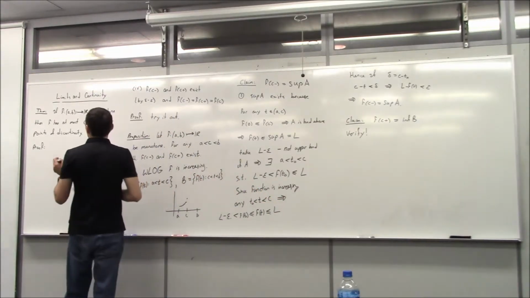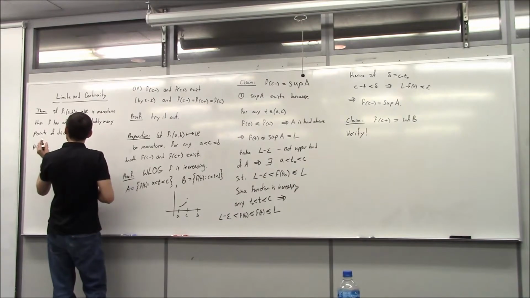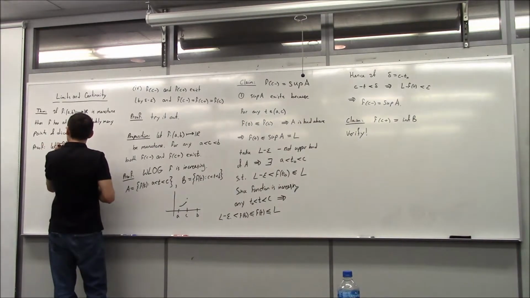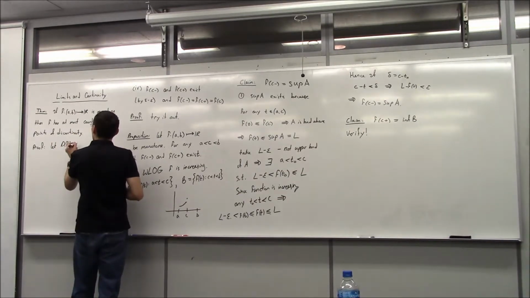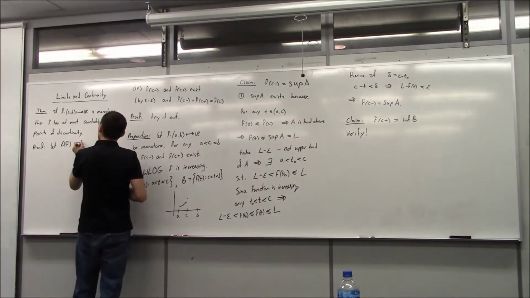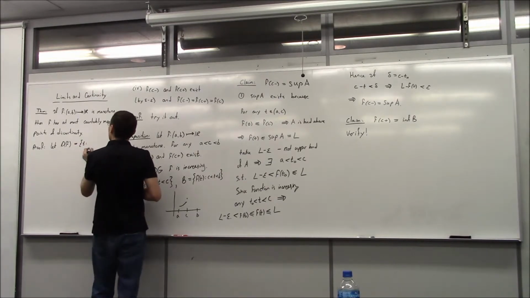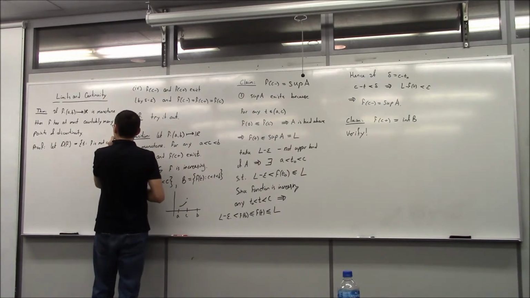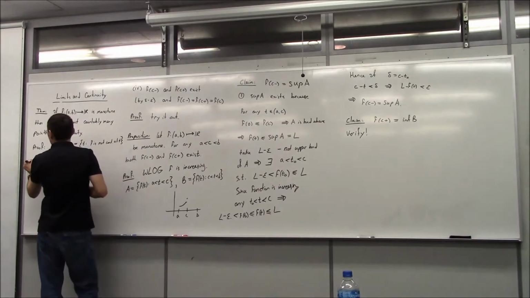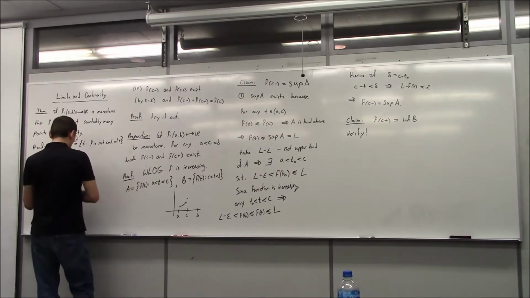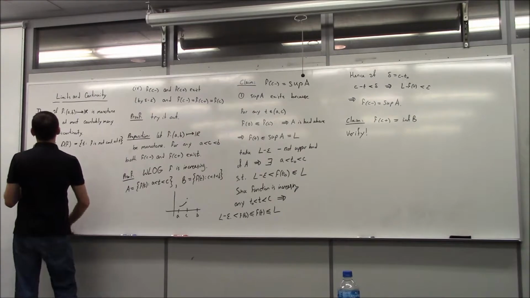So what we show is, suppose that, let D of f be the collection of points T such that f is not continuous at T. Without loss of generality, we again may assume that f is increasing.